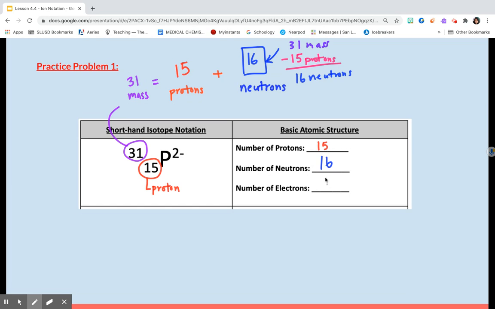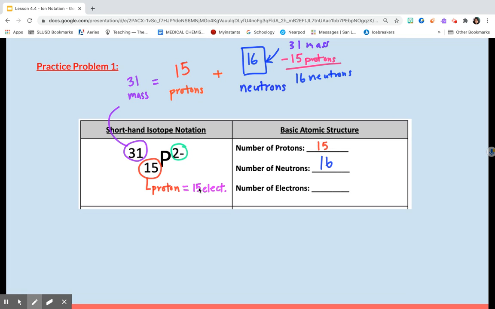So the new thing here that's a little bit tricky is how many electrons do I have? Right? So a reminder that in a regular atom, this number 15 would also equal the number of electrons I have. So 15 electrons. But this time, recall that we have an extra thing we need to note on the upper right-hand side, this charge, right?